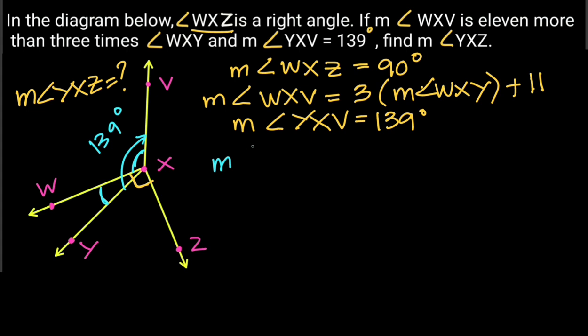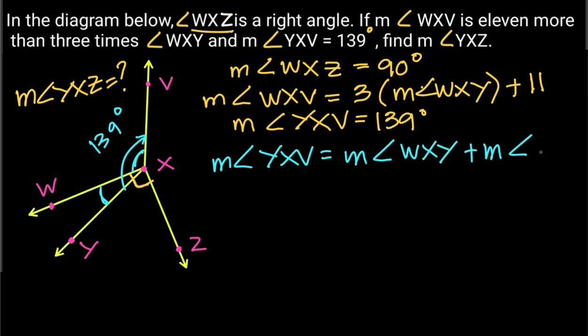So the measure of angle YXV is equal to the measure of angle WXY plus the measure of angle WXV. And it's given here that the measure of angle YXV is 139. We just plug that in here.